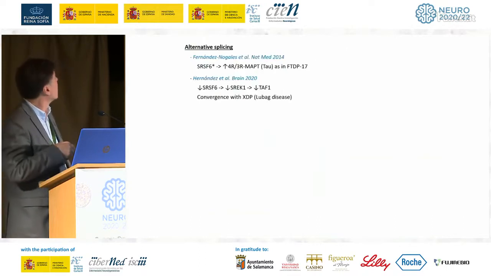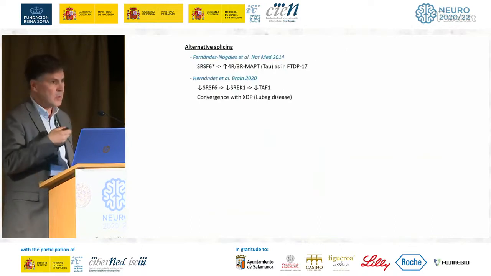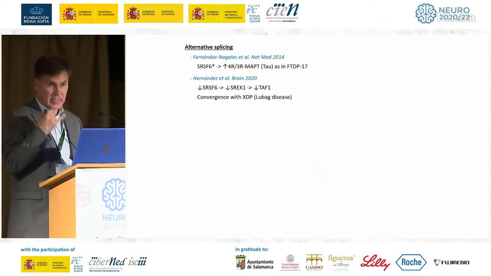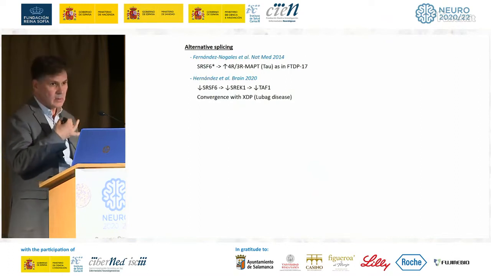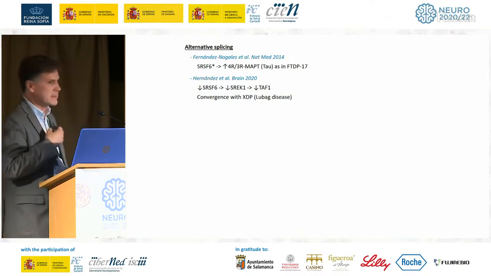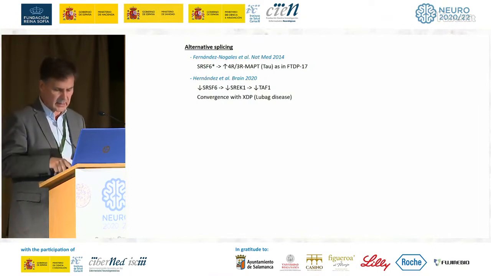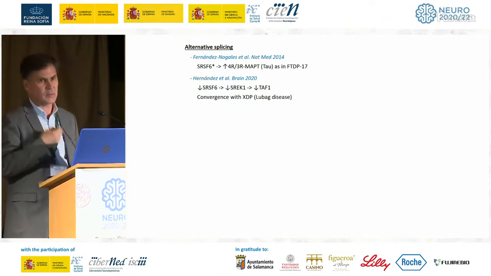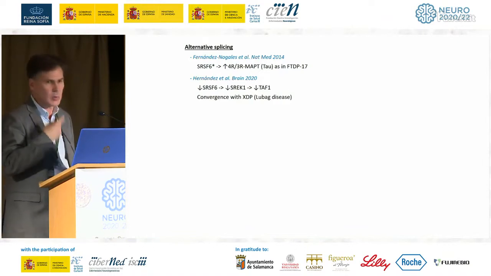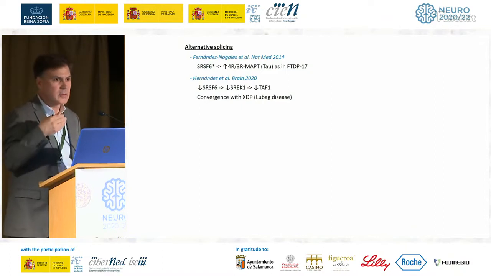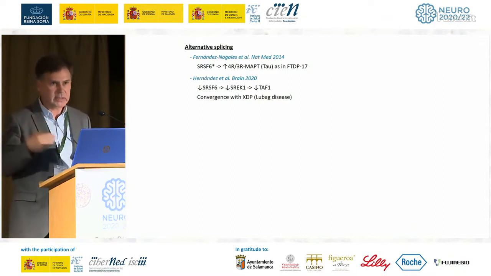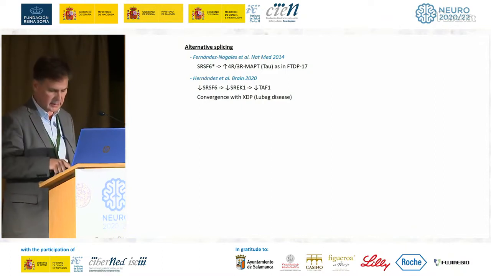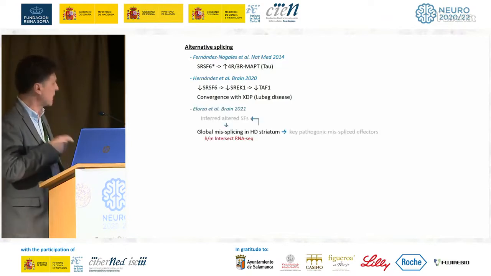And so at this point, we already had 3 genes linked to neurodegeneration, Huntingtin itself, tau, and TAF1, that are misspliced in Huntington's disease. And we realized that it made no sense to keep analyzing them one by one. So it was mandatory to establish what is the global signature of missplicing in the striatum of Huntington's disease patients.